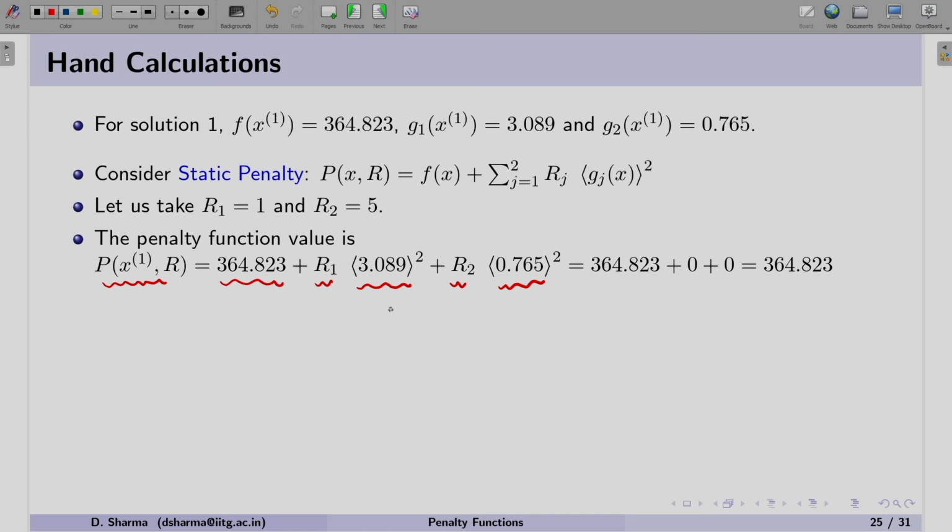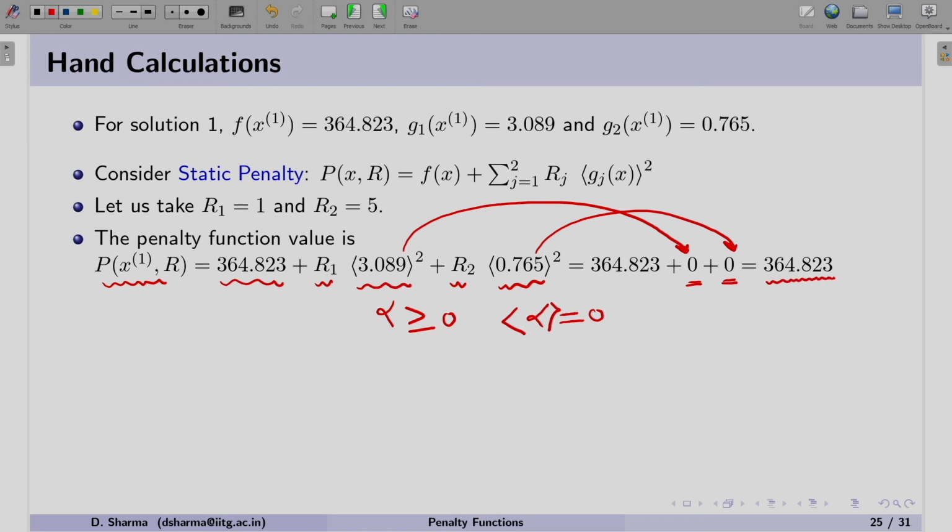Since we know that if alpha is greater than or equal to 0, then alpha is going to be 0 when we use the bracket operator, both the constraint terms are 0, since both are satisfied. So, in this case the penalty function value is 364.823, which is the same as the objective function value.